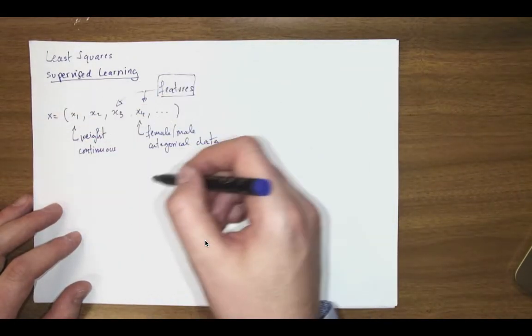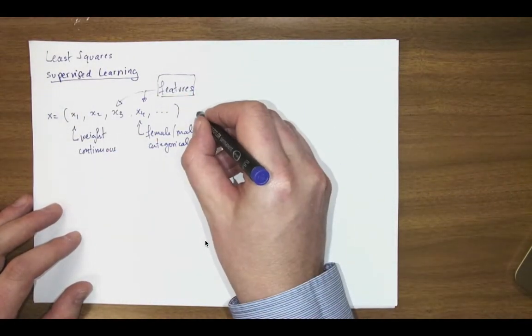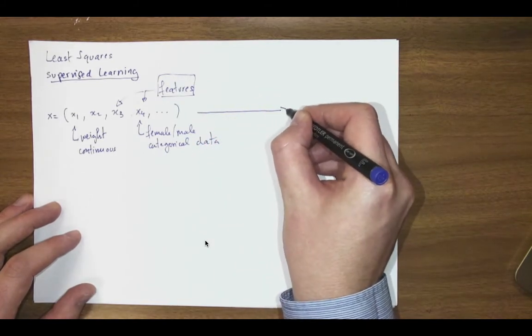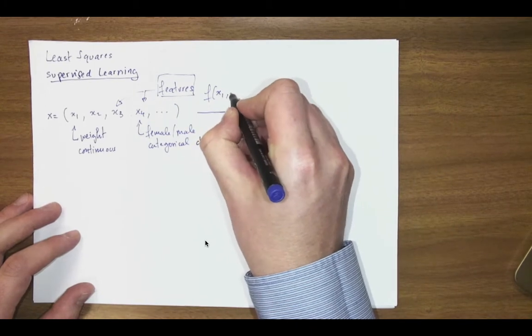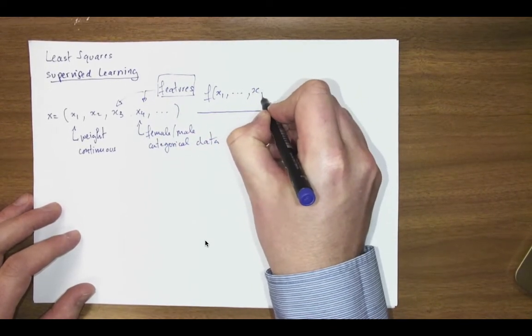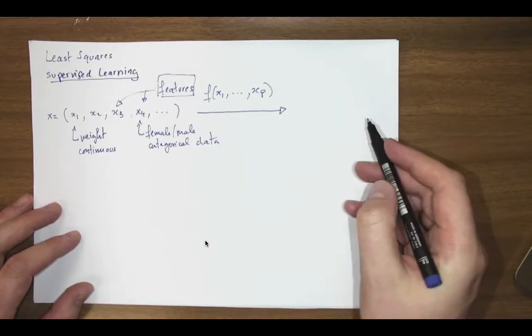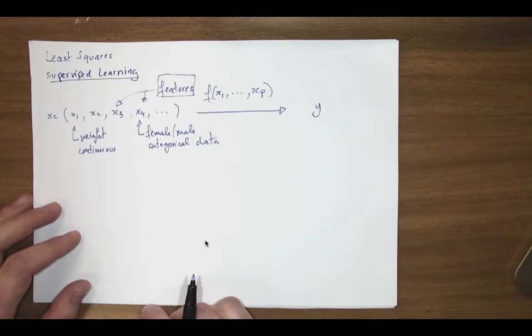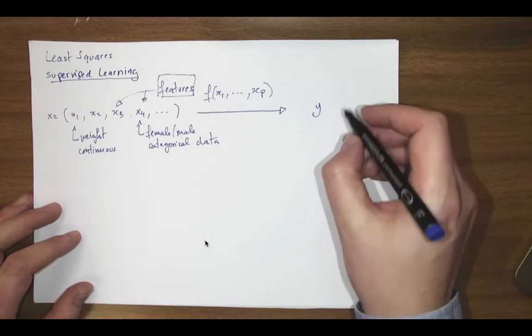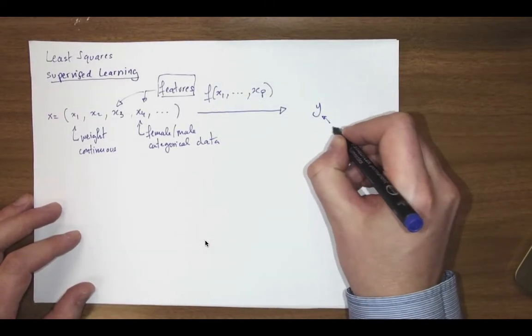This is the information I have about the person, and then somehow I want to find a model, a function of these inputs, that will give me some outcome, and the outcome I always call y. In this case, the outcome is a scalar number.